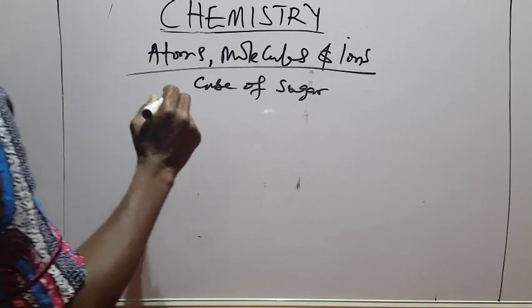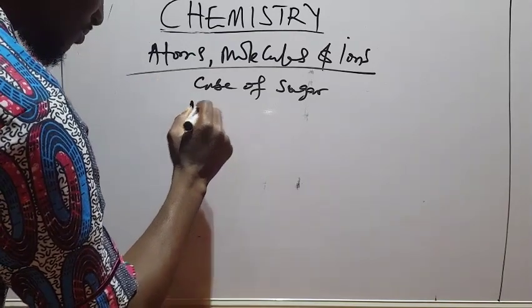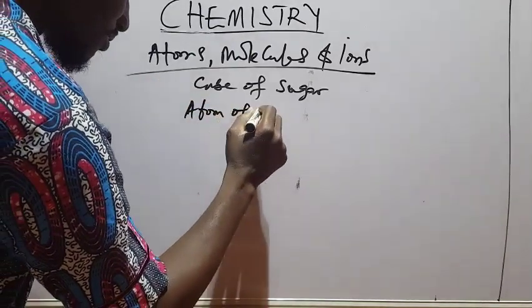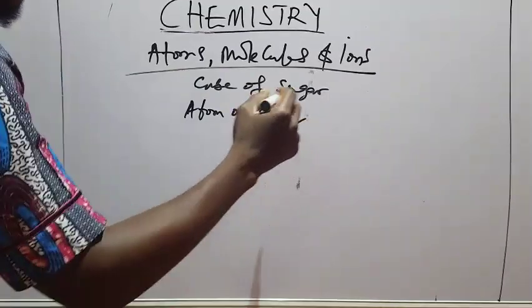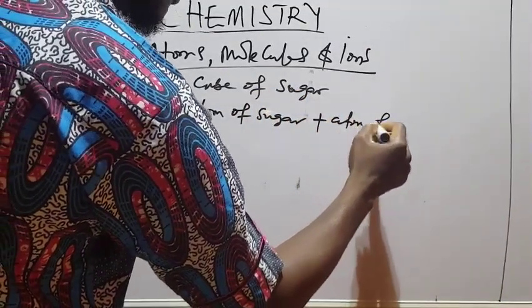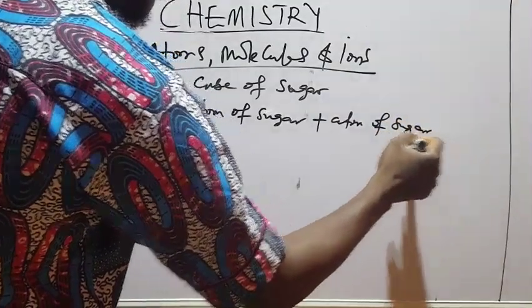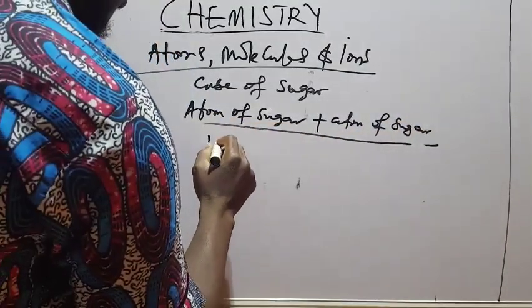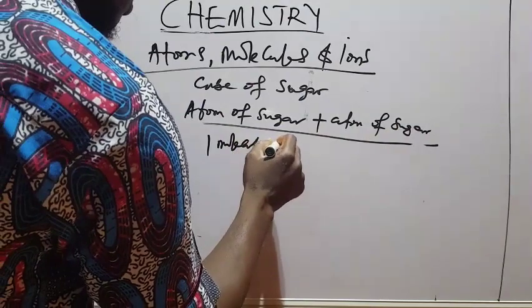So I have an atom of sugar. If this atom of sugar combines with another atom of sugar, then I can have one molecule of sugar.